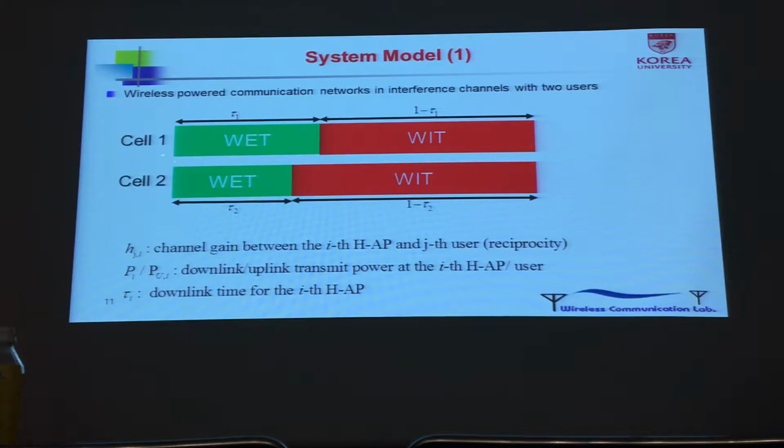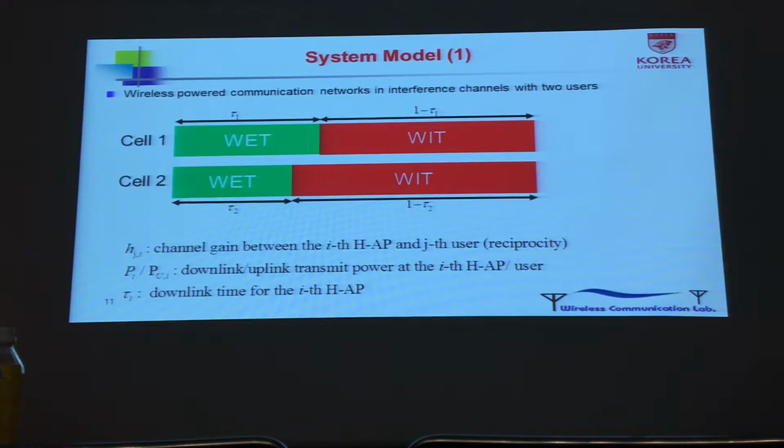But because cell 1 and cell 2 may operate independently, they may have different time slots. The first cell has tau 1, whereas the second cell may have tau 2, which is different from cell 1. So this gives rise to an interesting situation where, in the middle, there will be some misalignment between the neighboring cells in the TDD operation.